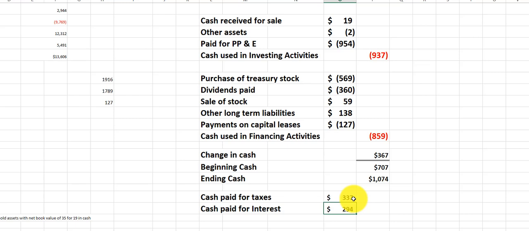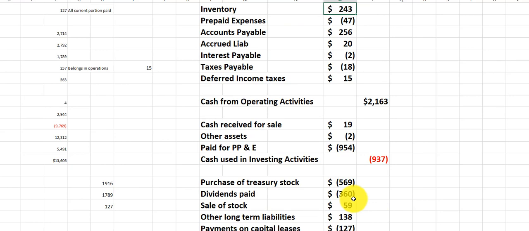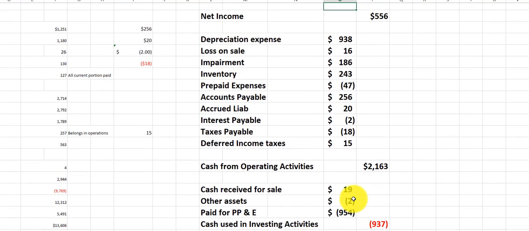So if your interest payable goes down, that means you paid more than the expense, and so you should add it. Right? If it goes up, then you should subtract it as far as the payable is concerned. So that's how you get those two disclosures on the cash flow, and that's what your cash flow should look like.